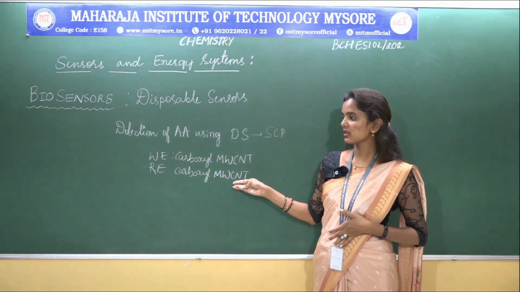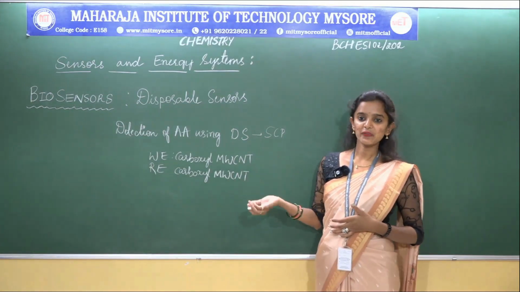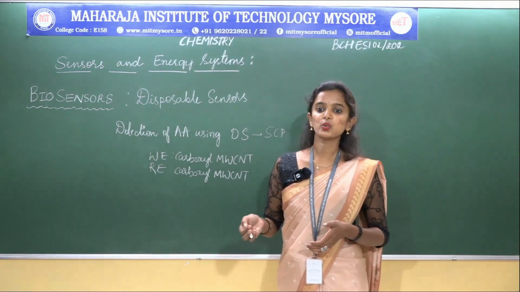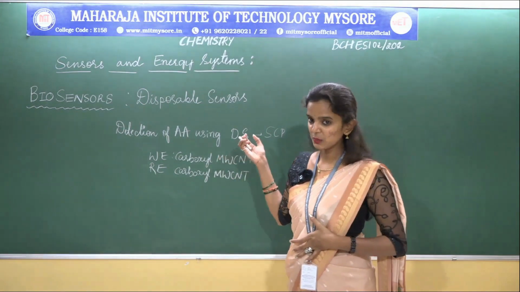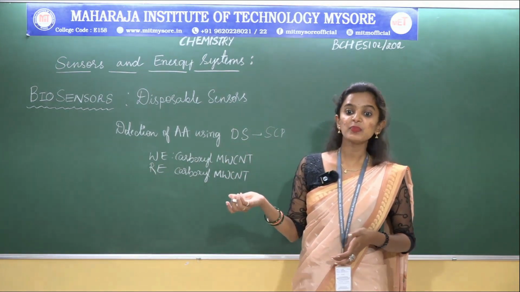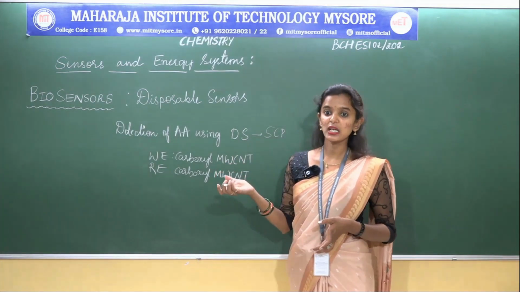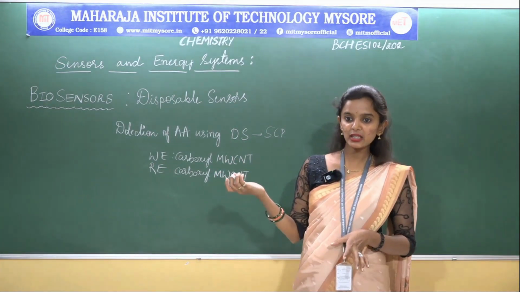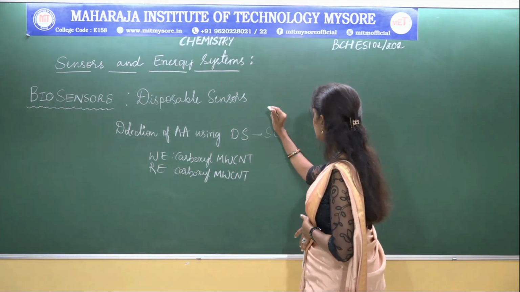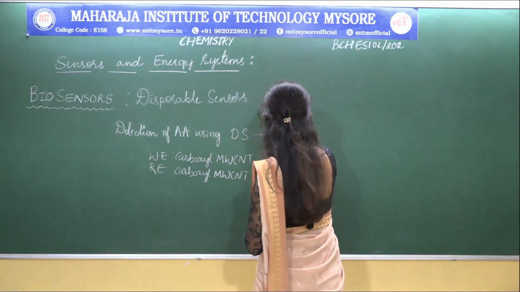The working and the reference electrode are one and the same, which are the carboxyl MWCNT, which refers to the multi-walled carbon nanotubes. And all the electrodes are manufactured by screen printing technology, as I already said, with the help of conduction material ink on a plastic polyester sheet.